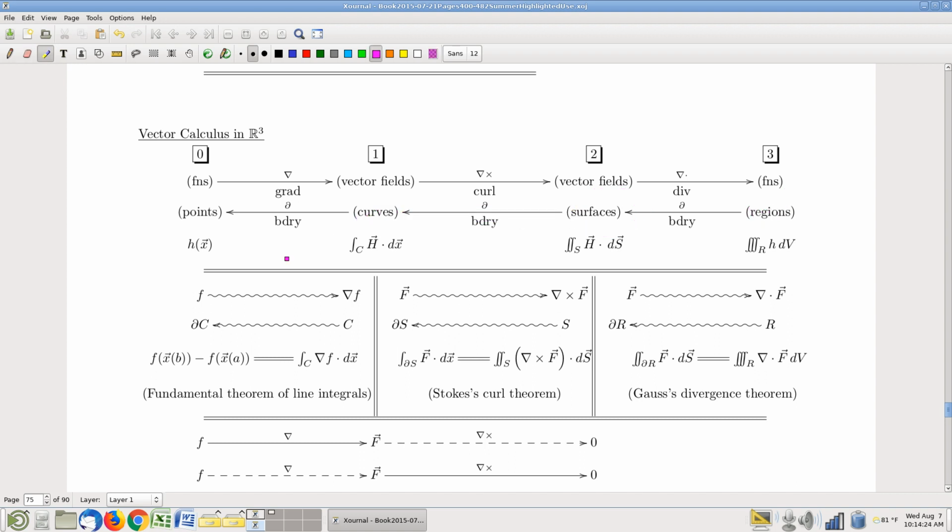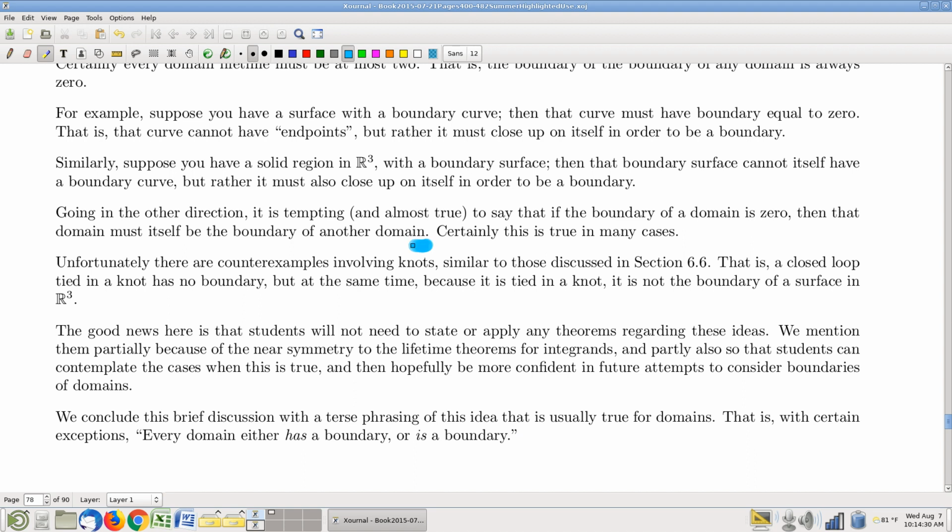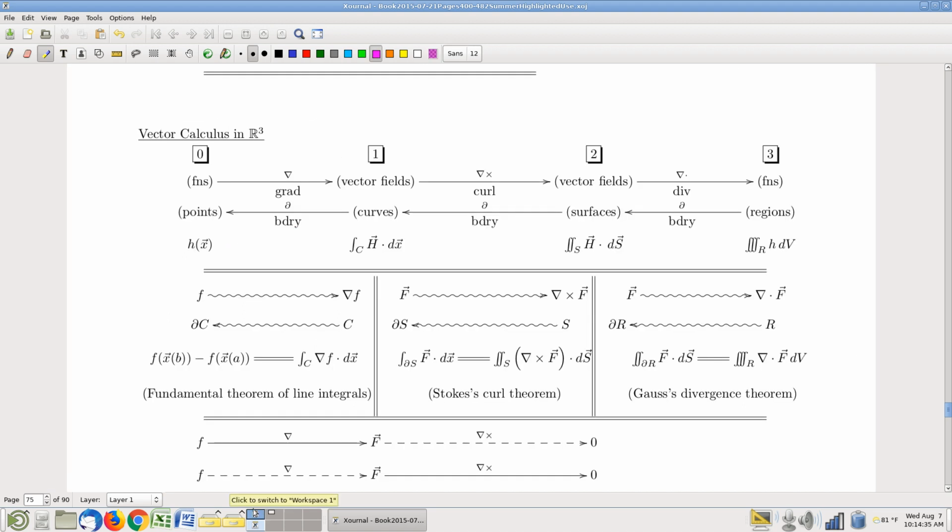Then here's the one where there is actually an exception, and I've got to admit that knots are an awkward exception to the next one. But if you have a curve, let's ignore knots for a moment. If you have a curve that does not have boundary points, a curve that starts and then ends right back where it started, a closed curve, it feels like you should be able to find a surface whose boundary is that curve.